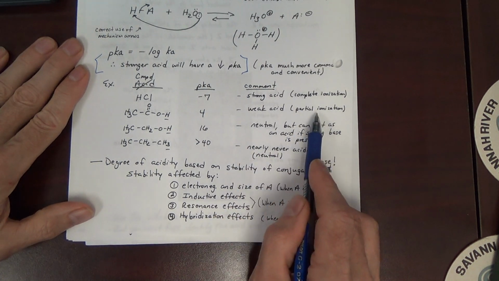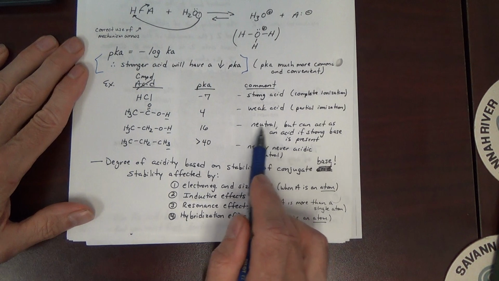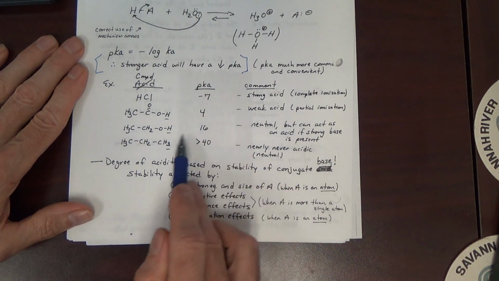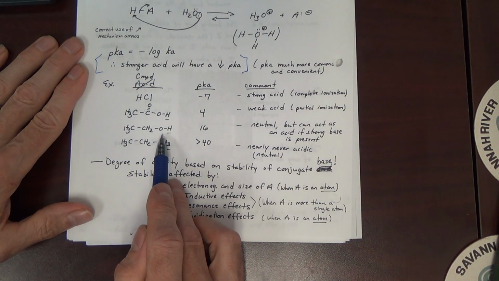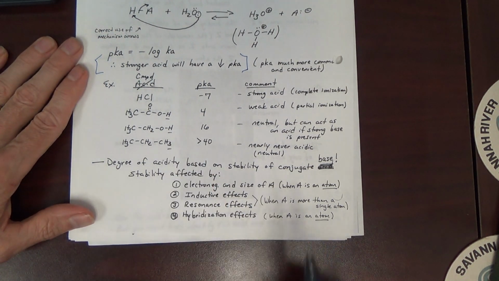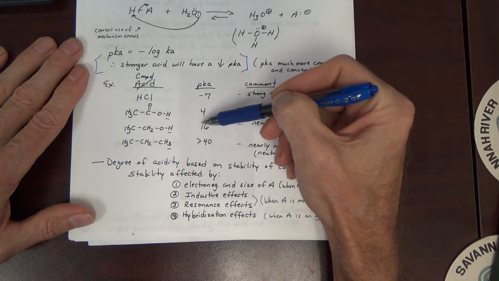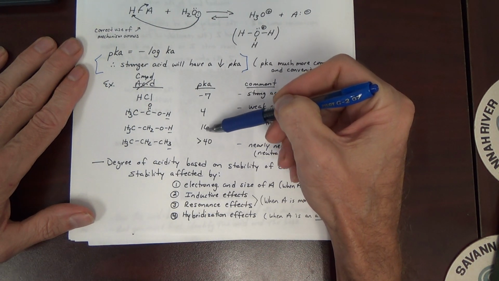We'll talk more about equilibria. An alcohol is going to be considered neutral, like water, pKa of about 16. Alcohols and water both have pKa's about 16. So even lower, higher pKa equals weaker acid.